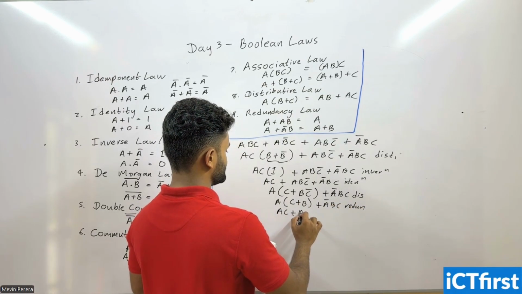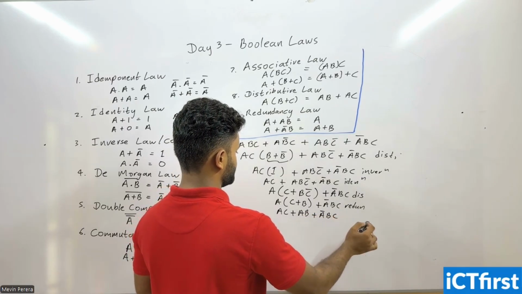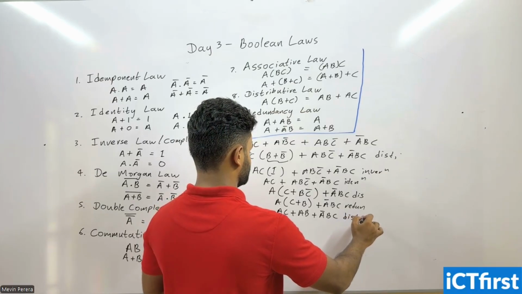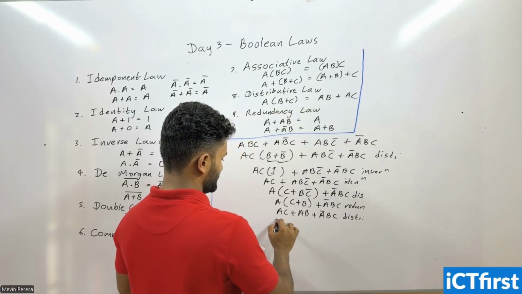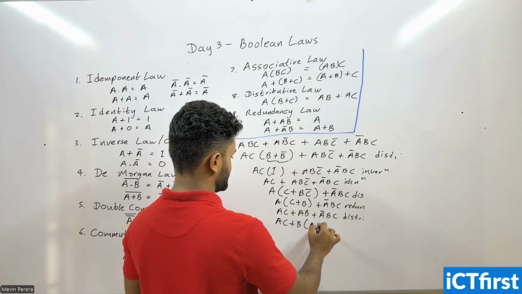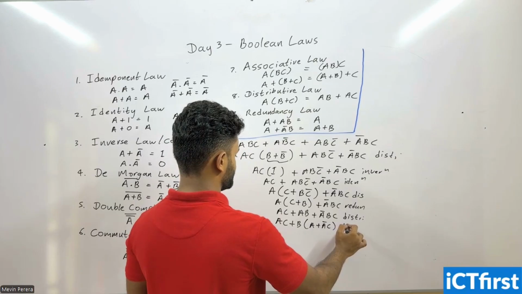AC plus AB plus A bar BC. That is the distributive law. Here I'm taking B outside. B is common. So A plus A bar C, distributive.